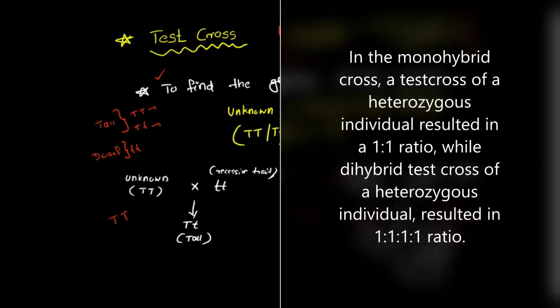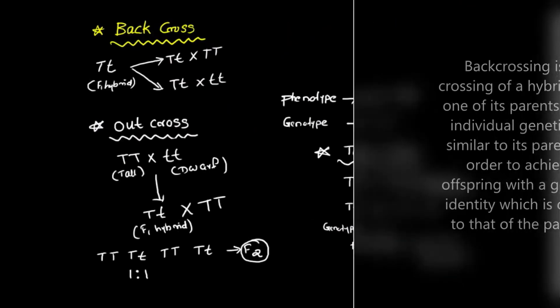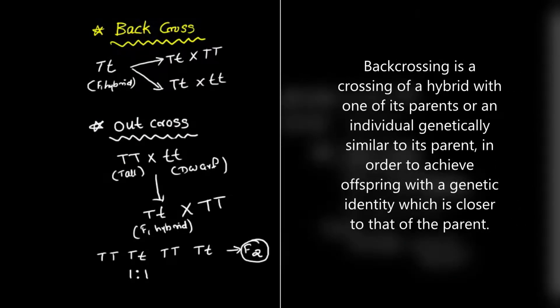Let's see what is back cross. Back crossing is a crossing of a hybrid with one of its parents or an individual genetically similar to it. Hybrid means heterozygous. So in backcross, we will cross the F1 hybrid with homozygous dominant parent or with homozygous recessive parent.